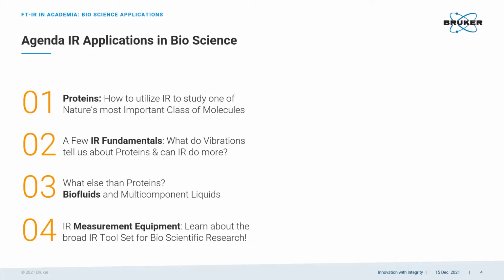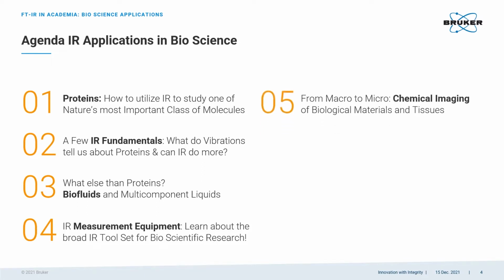After seeing a lot of very interesting applications, Michael will introduce you to IR measurement equipment that can be utilized to do all that research. And then we will take a look at, let's say, complex biomaterials and how they can be analyzed in a microscopic manner, how IR can be used to do chemical imaging on biomaterials and biological tissues.